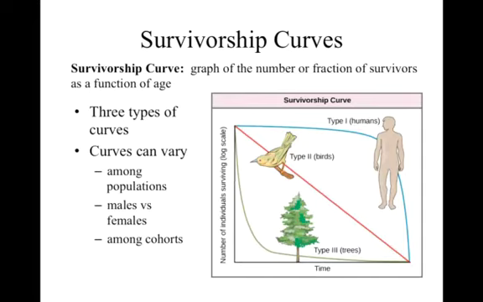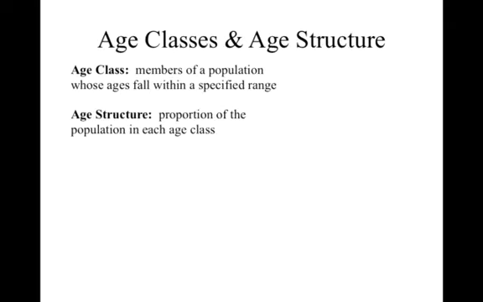Another important thing I want to mention is that these are idealized curves, and real curves frequently lie in between. It won't be exactly type 2, it won't be exactly a straight line, but it'll be closer to type 2 than it is to type 1. So this is a spectrum. You don't necessarily fall into these discrete categories.